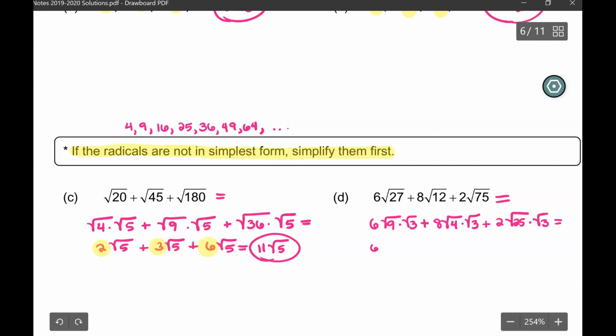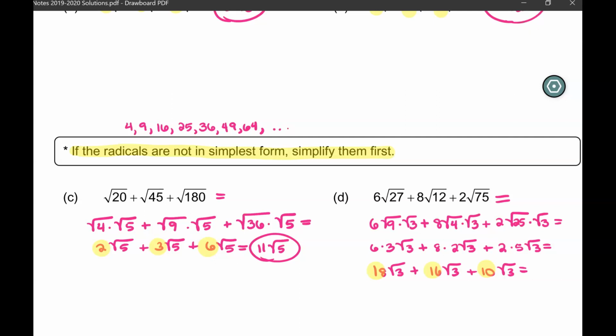So I have 6 times 3 root 3 plus 8 times 2 root 3 plus 2 times 5 root 3. So I have 18 root 3 plus 16 root 3 plus 10 root 3. I'm going to combine 18, 16, and 10, and I get 44 root 3.